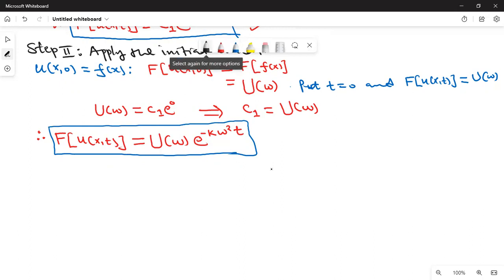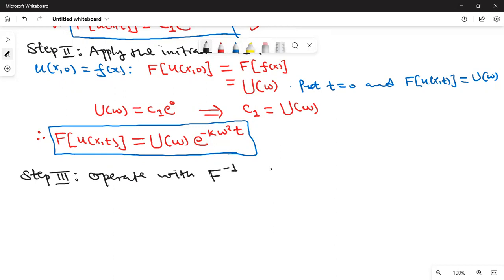The last step, step 3, you now operate with F inverse. That is the inverse Fourier transform on both sides of this equation, the one I have ticked. Now, when you operate with F inverse on the left-hand side, you are going to get U of xt.